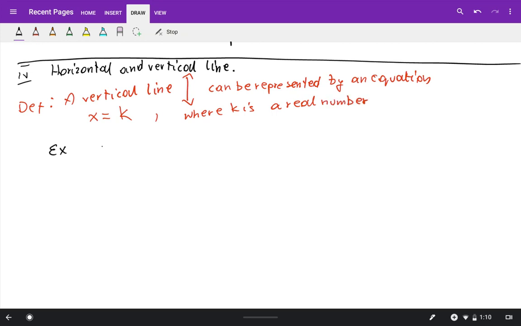For example, x equals 2. That's it. It's a vertical line.